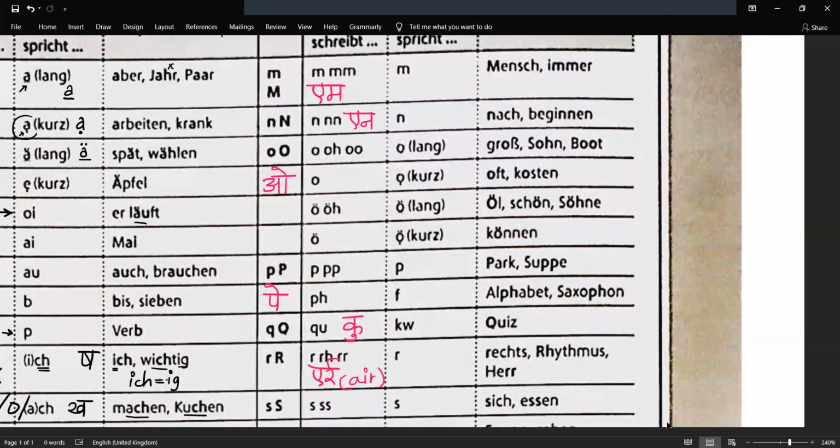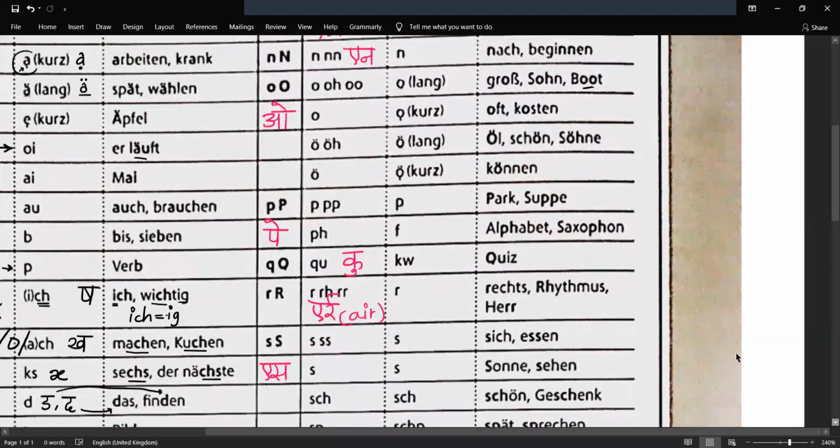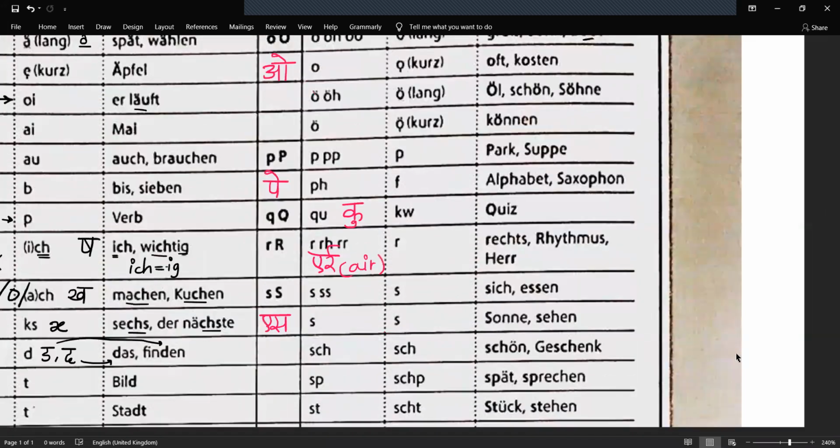This word will never be boot, because like I said, in German even double vowels will have the same sound. Then oft, kosten, Öl, schön, Söhne, können, Park, Suppe, Alphabet, Saxophon, Quiz, just like the international pronunciation, Rest, Rhythmus, hair.